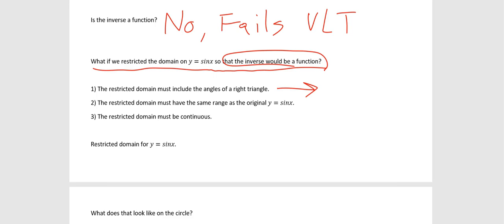Folks, what's the largest radian measure angle in a right triangle? Pi over 2, right? Pi over 2 is the largest one you can have. I know you were all thinking 90 degrees, and I was trying to make you convert to radian in your mind.